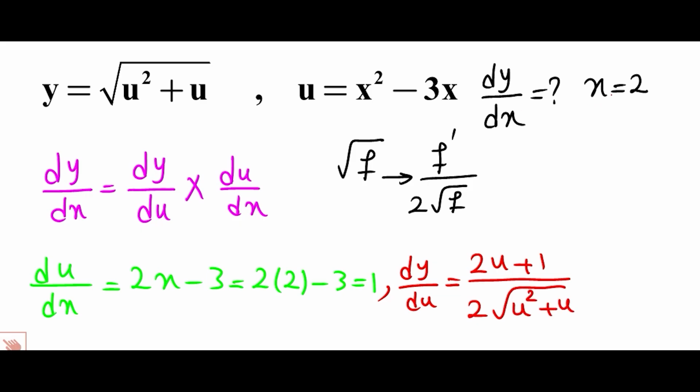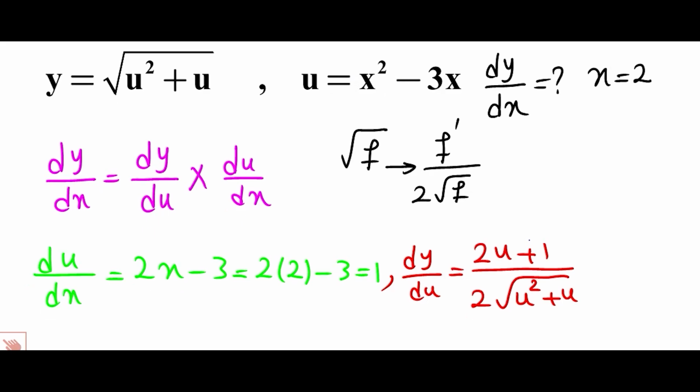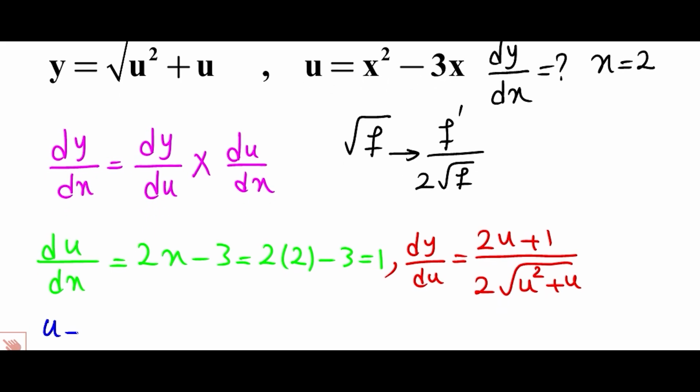So what is the value of u when x is 2? Let's plug x is 2 into our u equation. So we have u is equal to 2 squared, which is 4, minus 3 times 2, which is 6, so u is negative 2.